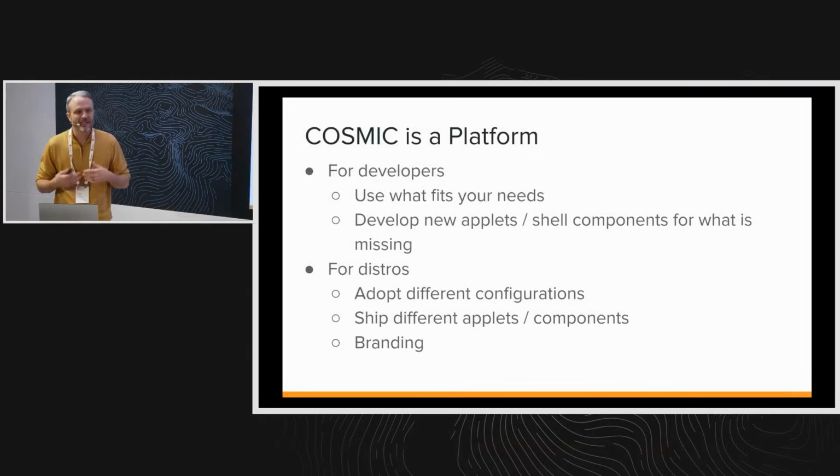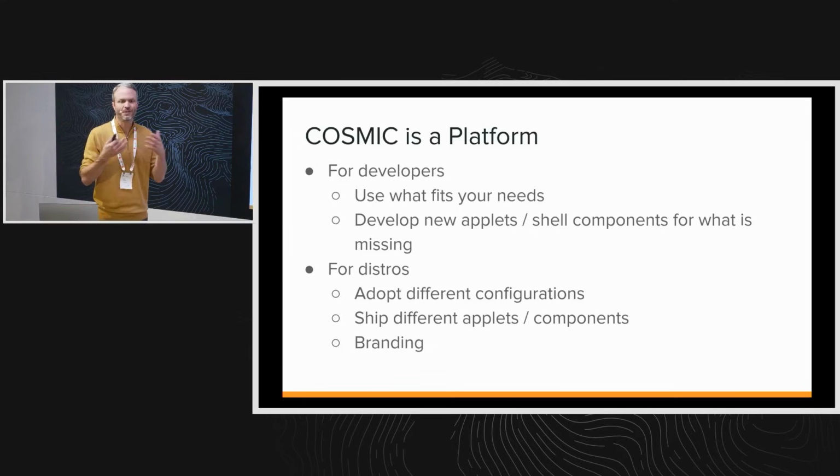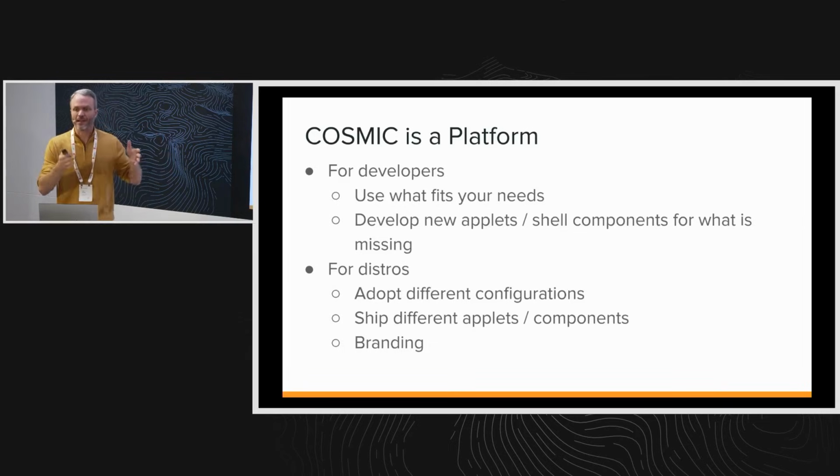It's intended to be branded for your distribution. So if you're Fedora or Ubuntu or SUSE or Aaron OS, what we want is for people to go to your website to download, see your brand, your colors, download your distro, and feel like that distro is part of what your brand is and the same experience.